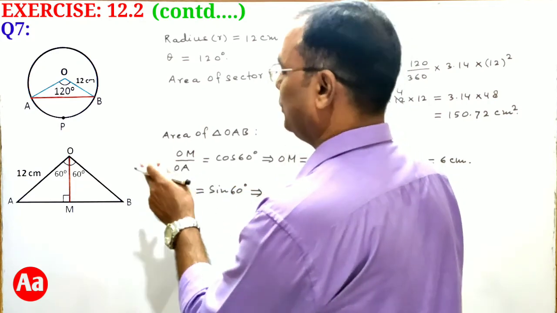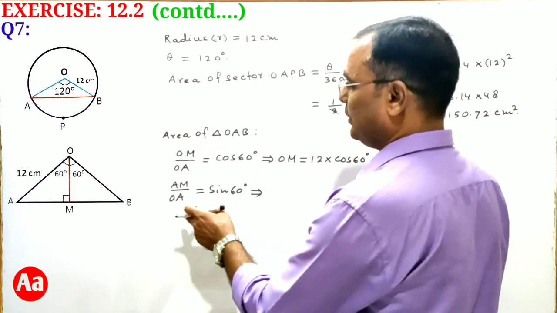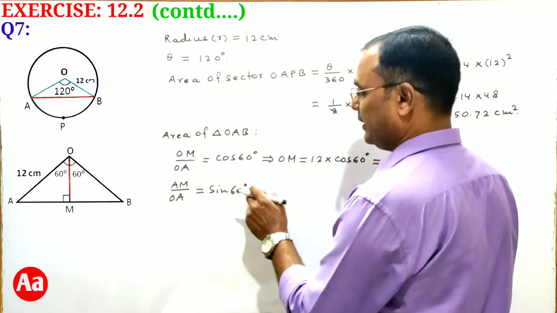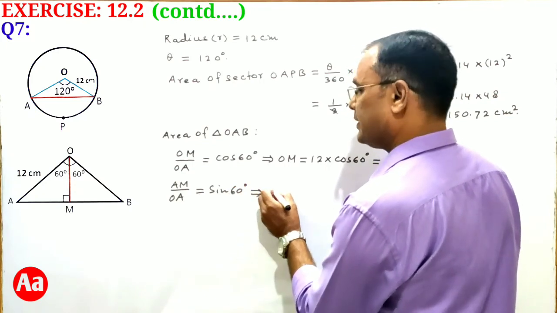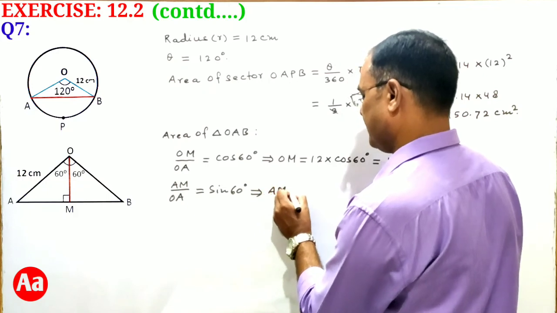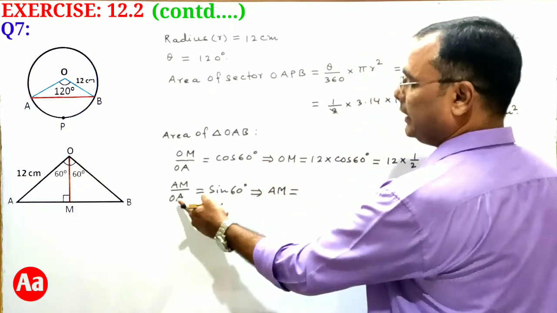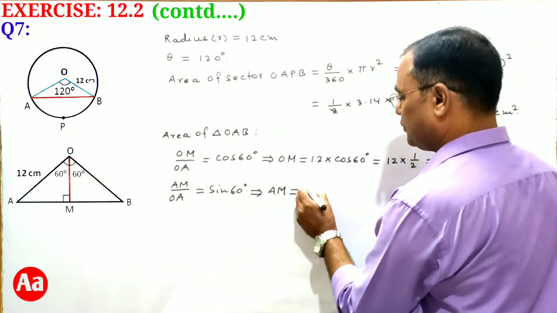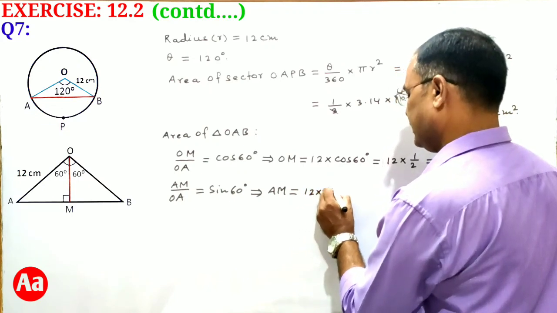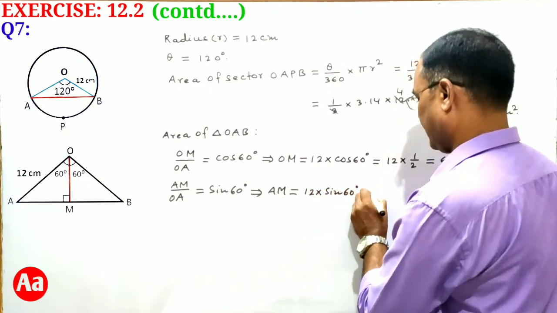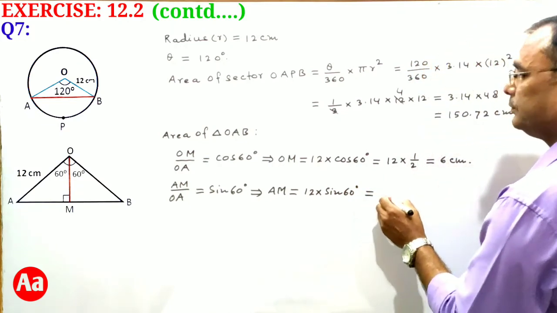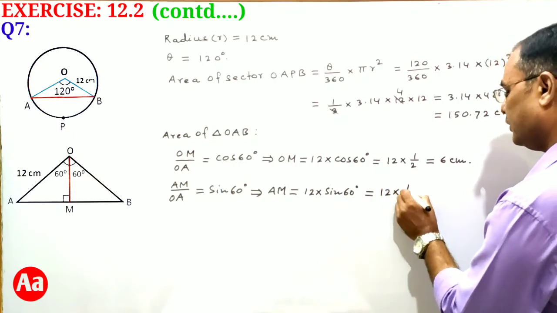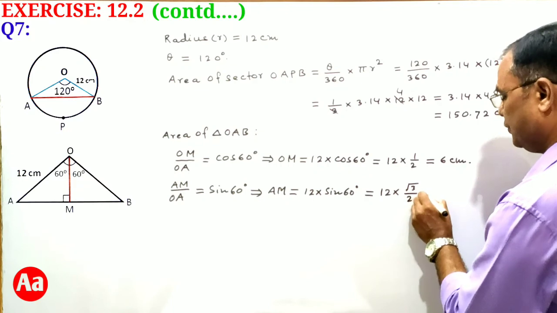AM in right triangle AOM is the perpendicular and OA is the hypotenuse, so perpendicular by hypotenuse is equal to sine of angle 60 degrees, and this implies AM is equal to OA, 12, the radius of the circle, which is already given, so 12 into sine 60 degrees. This is equal to 12 into sine 60 degrees value root 3 by 2.